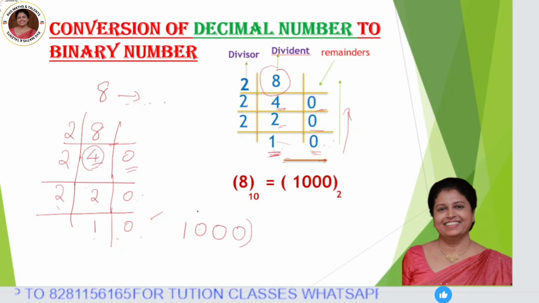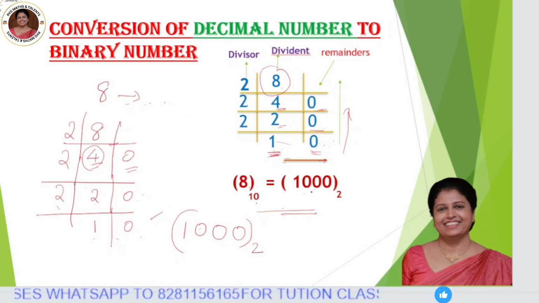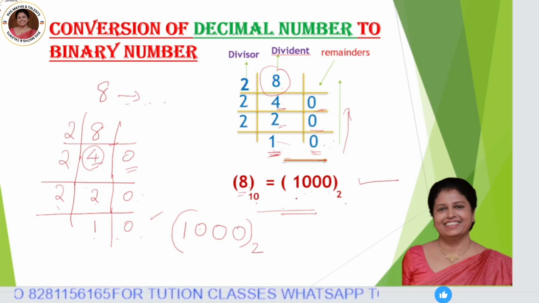So this is the binary number equivalent to 8. We can write 8 to the base 10 equal to 1000 to the base 2. So here we have converted the decimal number 8 to a binary number using this procedure.